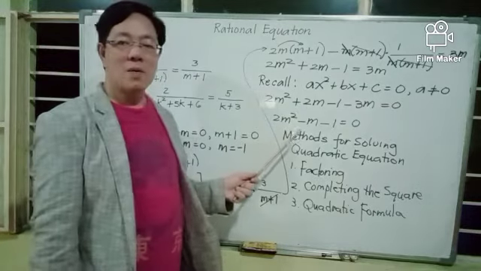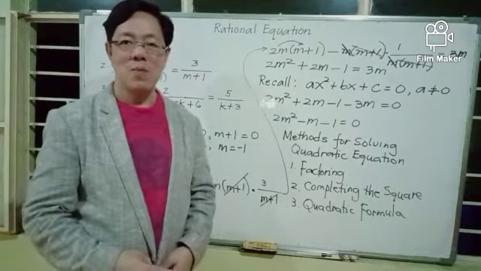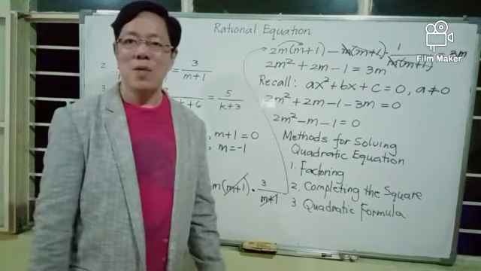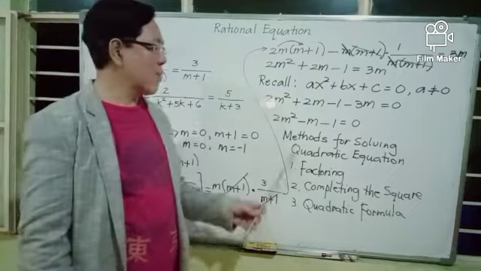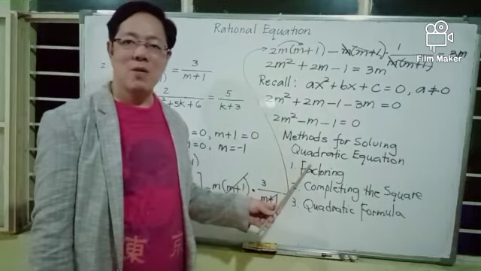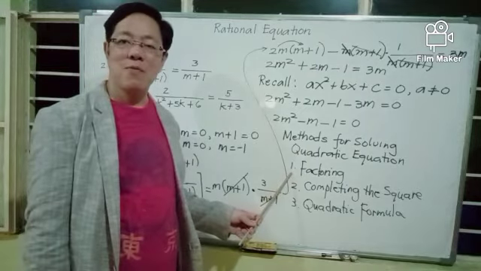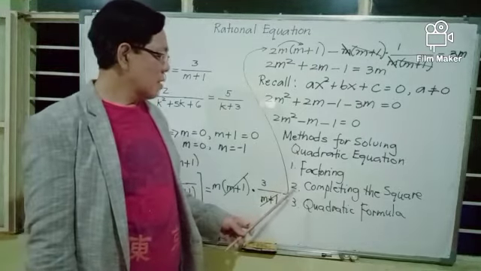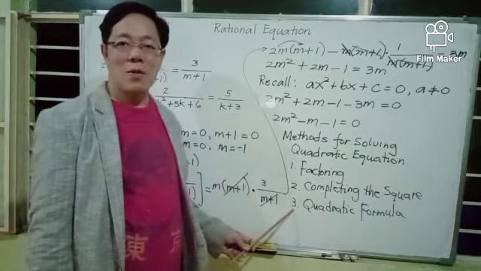After you have the quadratic equation in standard form or general form, you now solve the quadratic equation. And you can use one of the following methods for solving a quadratic equation. You can solve the quadratic equation by factoring if it is factorable. Or you can solve it by completing the square, or you can use the quadratic formula.